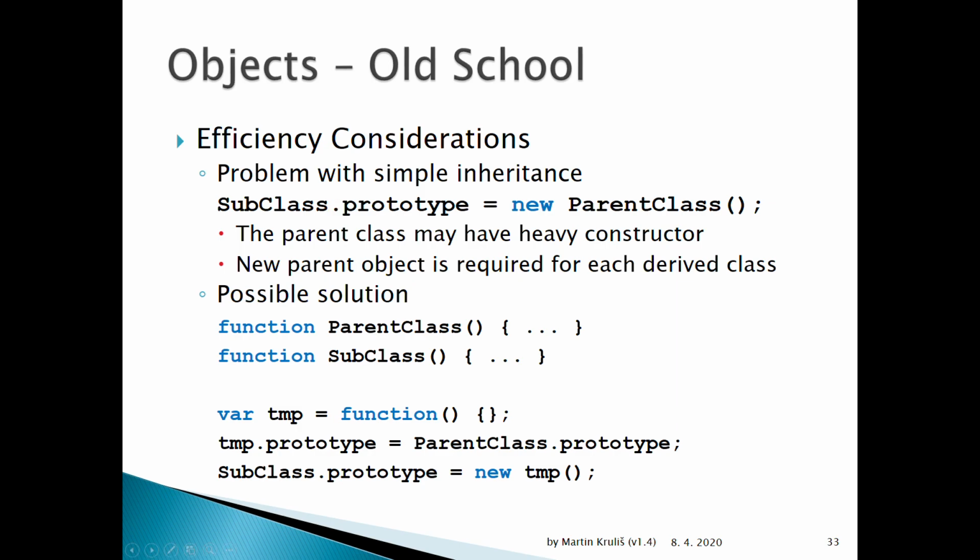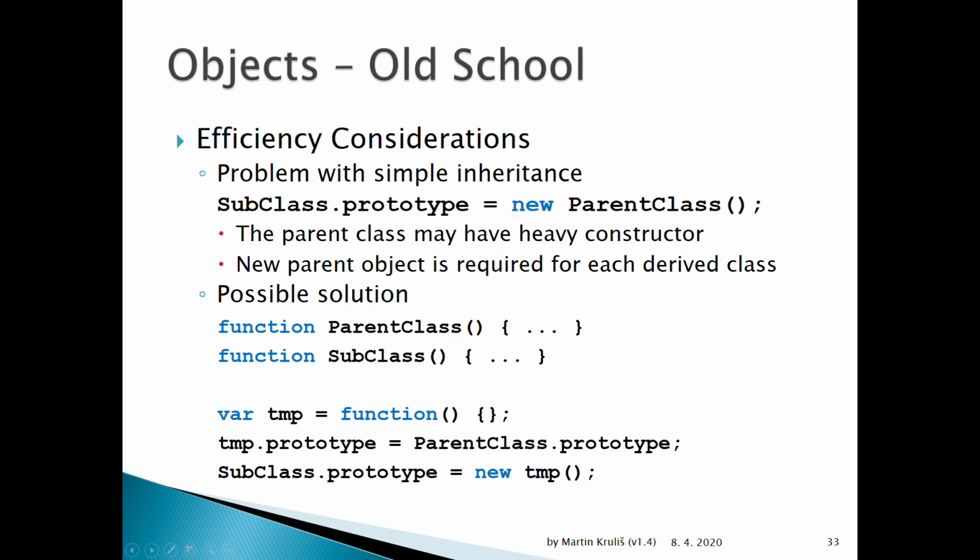This is normally okay, however, sometimes it may cause some problems, especially if the parent class is a very heavy constructor, meaning that the object for the prototype is filled with many potentially unnecessary data, which will be replaced anyway in the subclass. So in this case it may cause some memory issues, especially if we are creating more of these subclasses, because the parent class object has to be created for each derivative class.